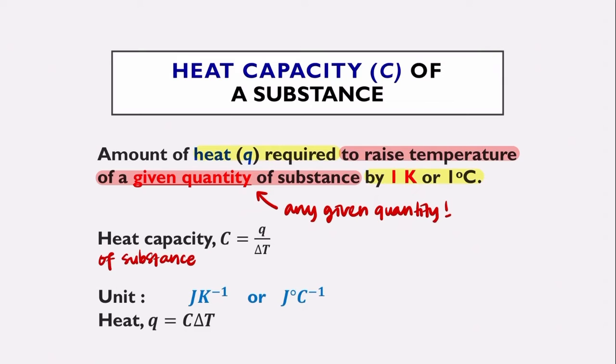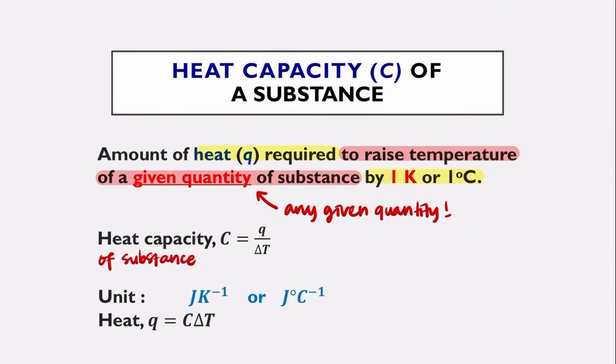More about heat capacity, which is the capital letter C of a substance. It means the amount of heat required to raise the temperature of a given quantity of substance by 1 Kelvin or 1 degree Celsius.